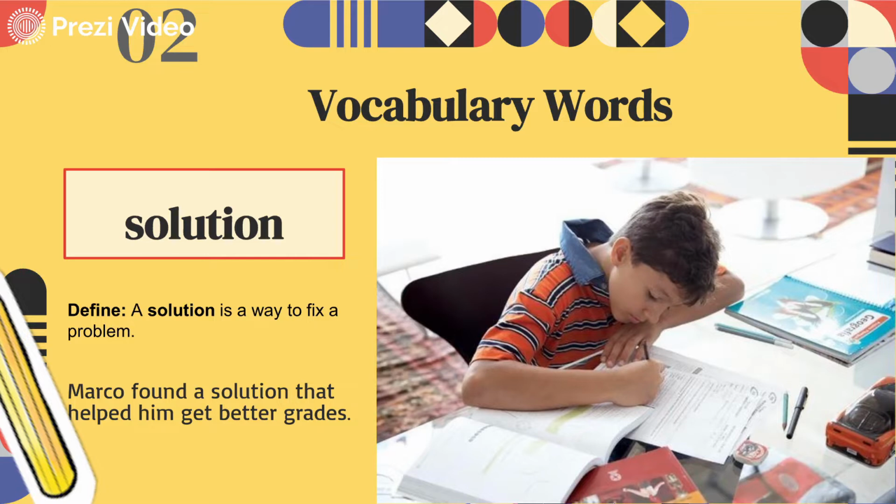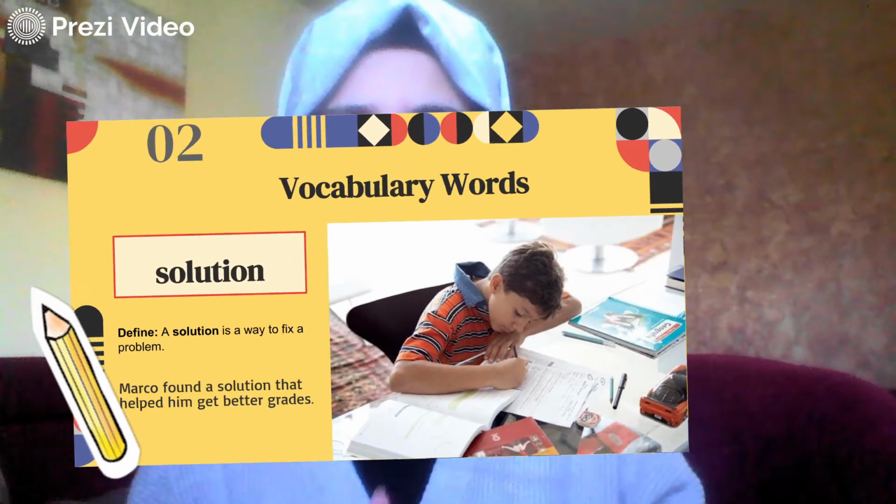As you can see here, Marco is studying hard. He looks like he's really focused. So he found a solution to improve his grades. A solution here means when you want to fix a problem, then you will look for a solution.